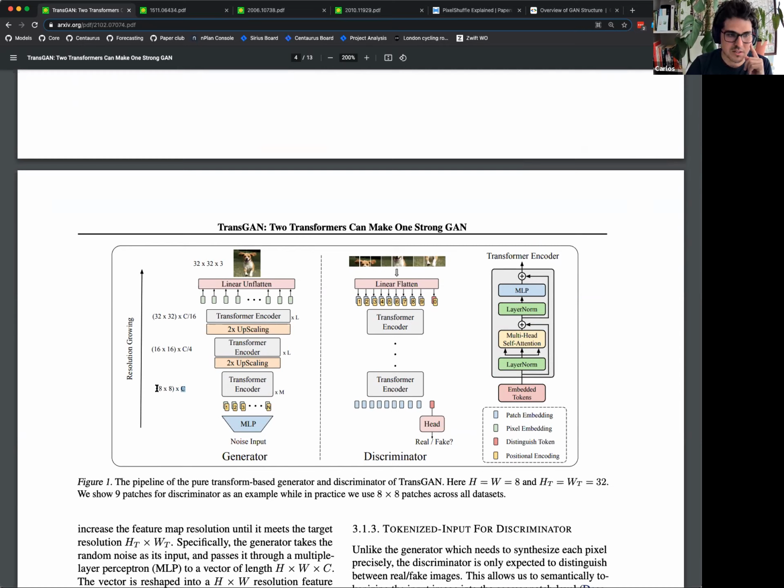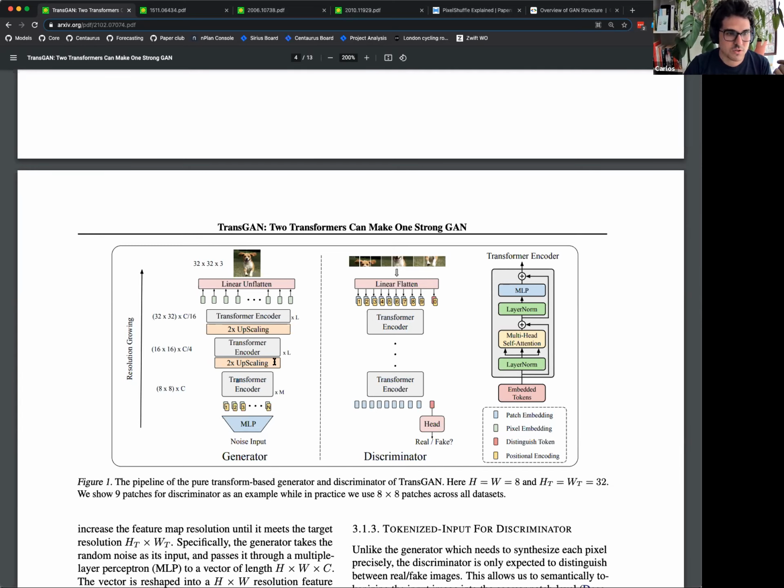But imagine you have an 8 by 8 image, and then you have a number of channels, which in a real image would be red, green, blue. Here it's just going to be an arbitrarily high dimension vector. So you have your 8 by 8 patches, and you have all your channels, and then all the channels are going to take the same attention weights. And then you put it through the transformer encoder, and you get a hidden representation of your noise.